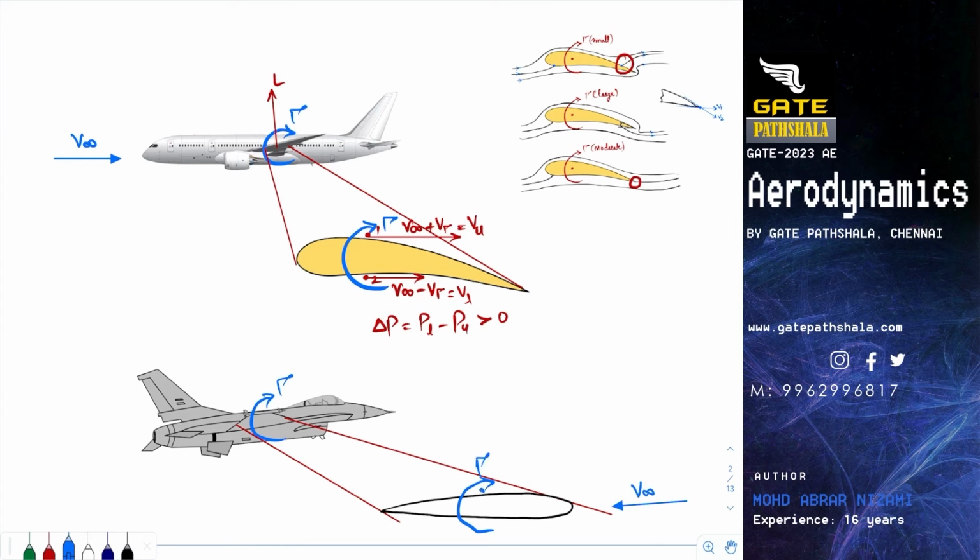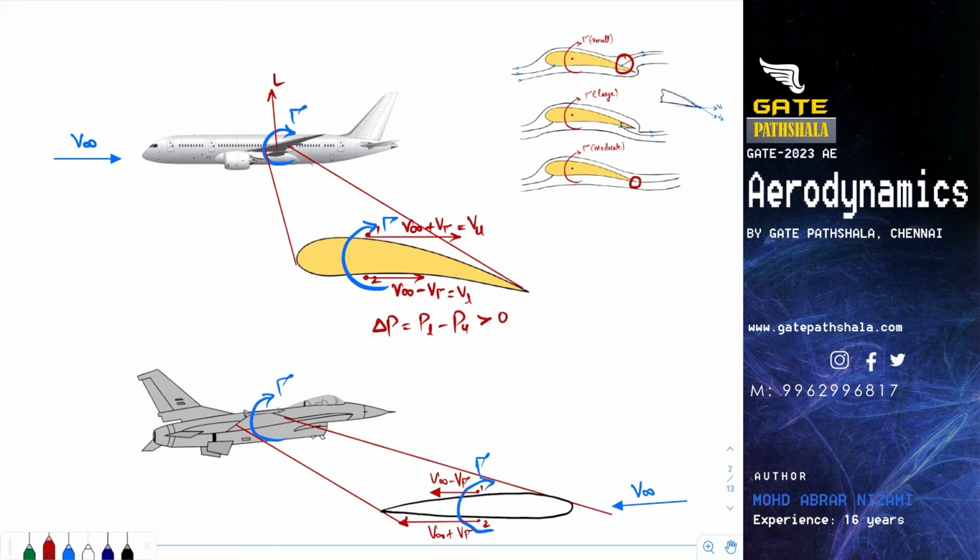So on the upper surface, in this case, the aircraft will be producing a decrement in velocity. That will be V infinity minus the velocity induced due to the strength of the vortex at point 1. And at point 2, the velocity will be V infinity plus the velocity induced.